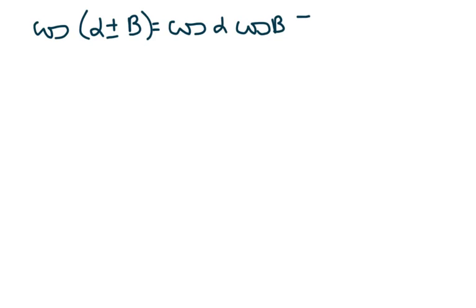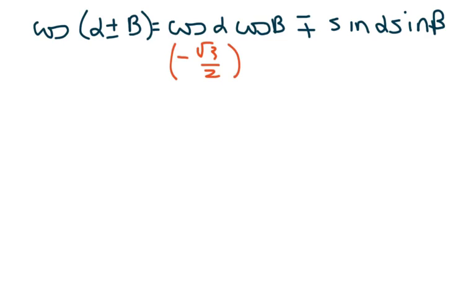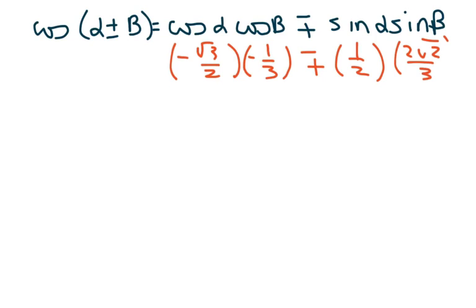For cosine of alpha plus or minus beta, we get cosine of alpha cosine of beta, minus plus sine of alpha sine of beta. You just plug everything in. Cosine of alpha is negative root 3 over 2. Cosine of beta is negative 1/3. Minus plus sine of alpha is 1/2. Sine of beta is 2 root 2 over 3.